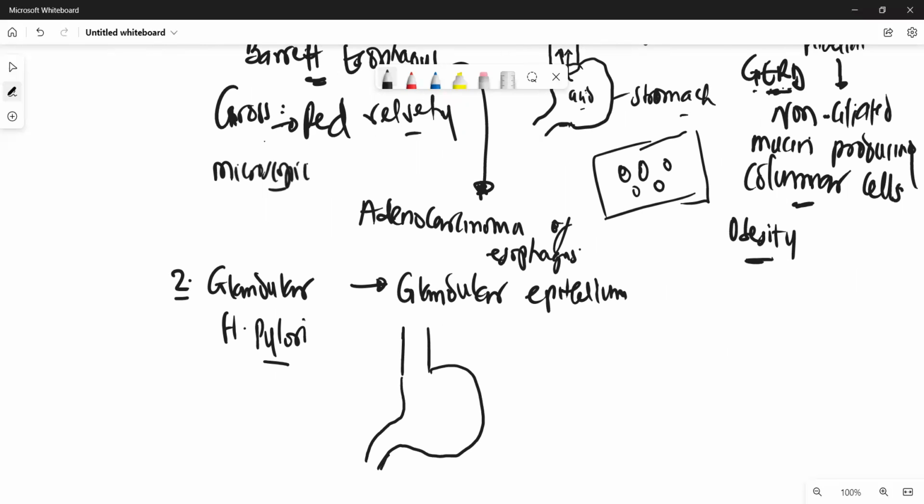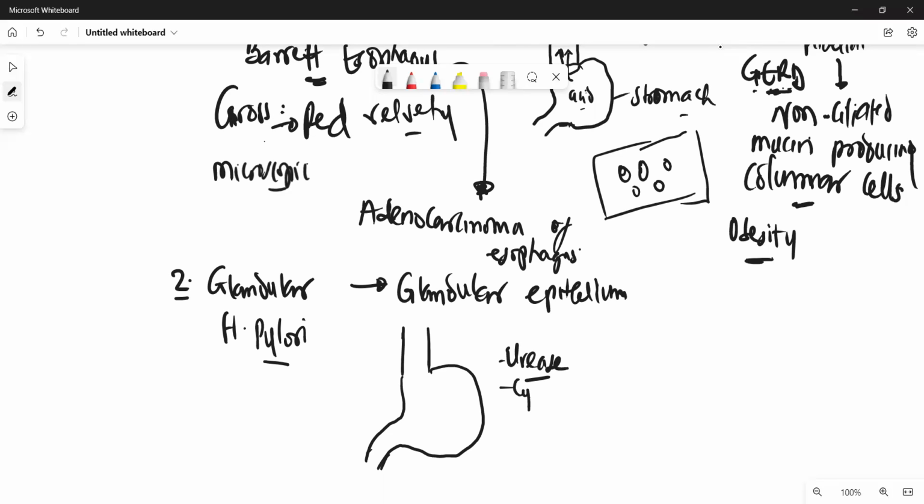Of course, H. pylori has a lot of virulence factors that it normally produces, which we want to talk about when we get to micro. One of them is urease, that you can use to convert urea to ammonia, and that can neutralize all that acid in the stomach.